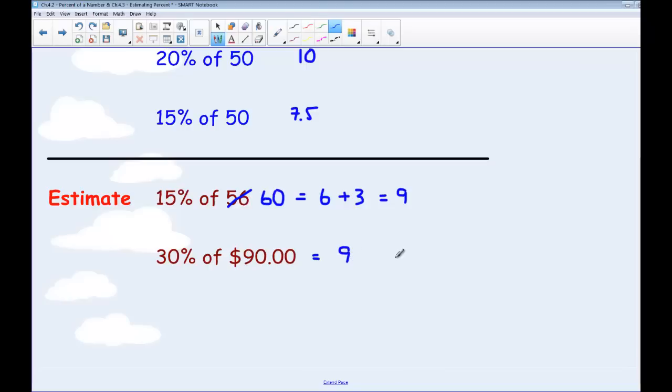So if we want 30%, then all we have to do is take that 9 and multiply by 3, and therefore 30% of $90 is $27. Now once again, this is not the only way you can use to estimate these values, but this is just one strategy to use to help you estimate percentages without using a calculator.